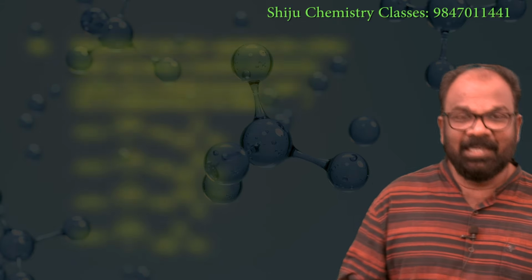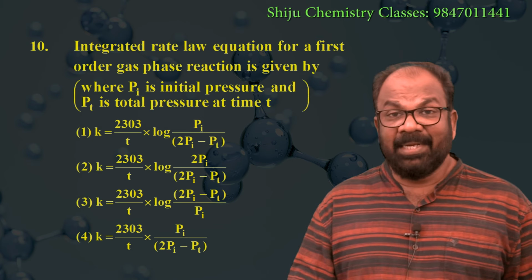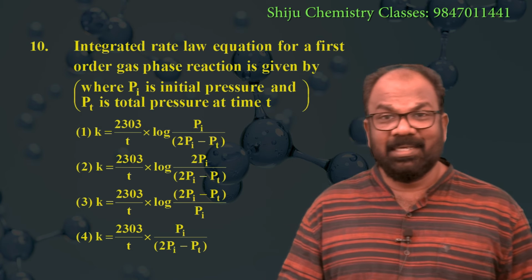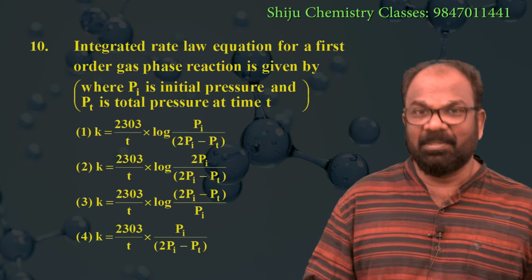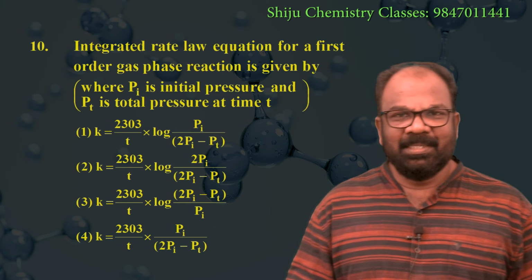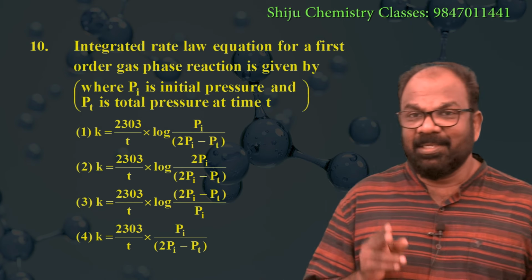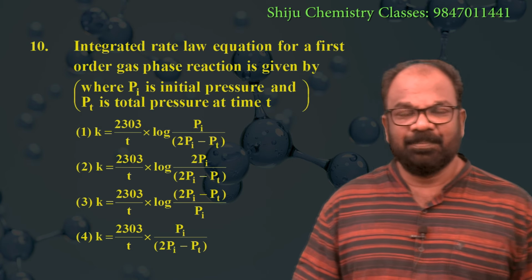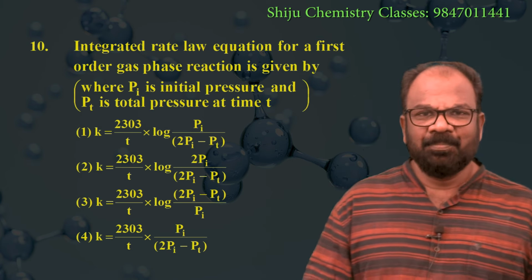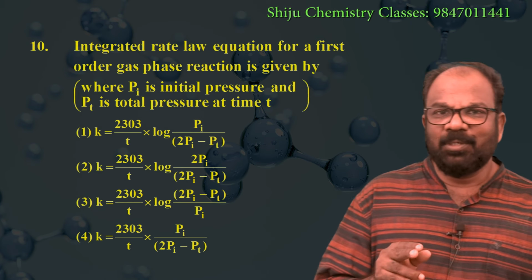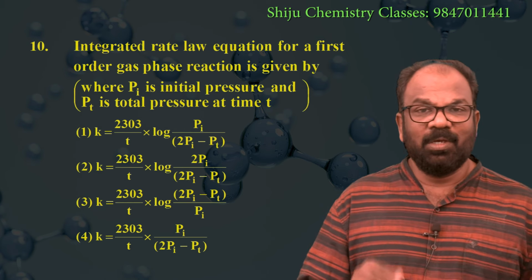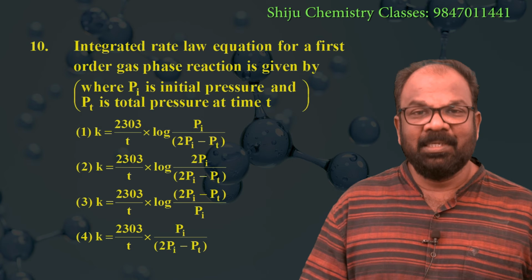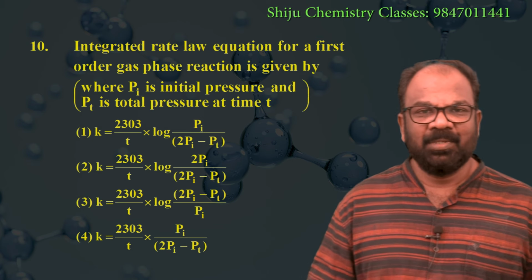Now question number 10. The integrated rate law equation for a first order gas phase reaction is given by, in bracket, where Pi is the initial pressure and Pt is the total pressure at a time t. Option number 1, K is equal to 2.303 divided by T into log Pi divided by 2Pi minus Pt.